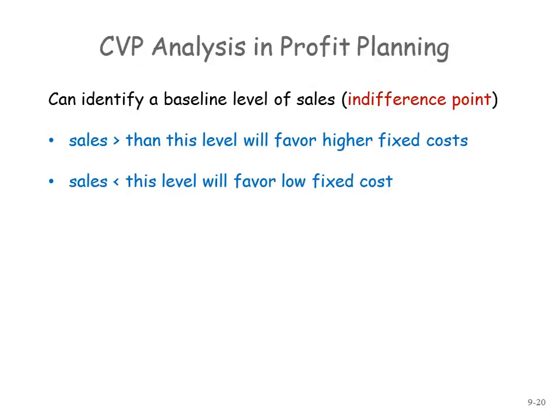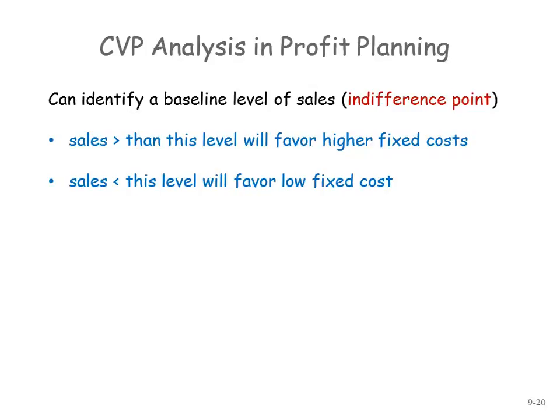The indifference point is the point where if sales are greater than a certain level, you would go for fixed costs rather than variable costs. So again, operating leverage. It's called operating leverage. You get to make a choice.